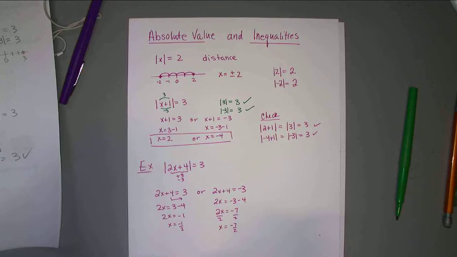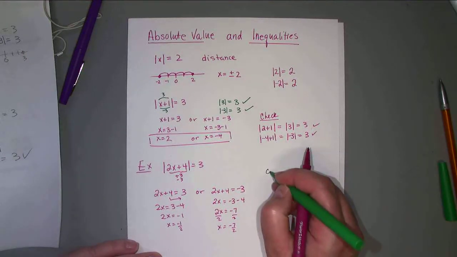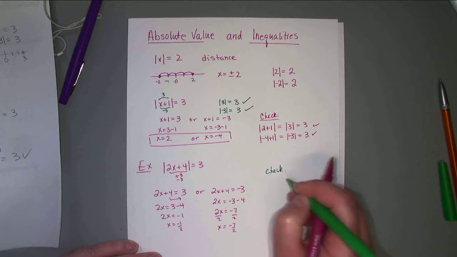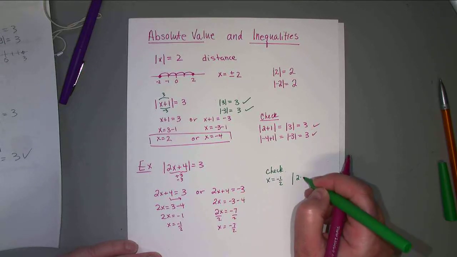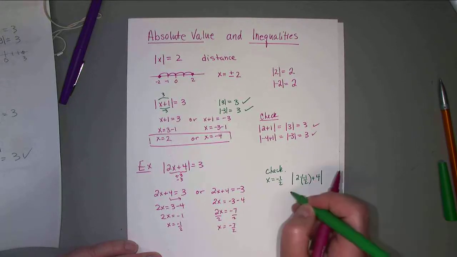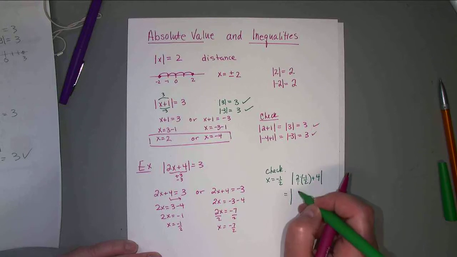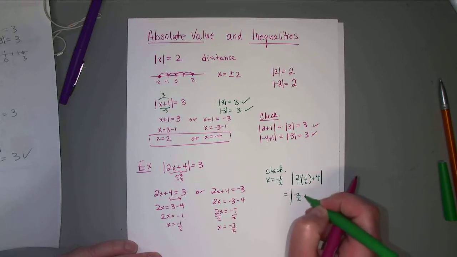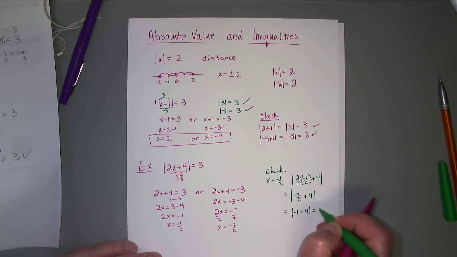With fractions, it's not always fun to check your answer, but we can check our answer by plugging the minus 1/2 in, and seeing if that's equal to 3. So 2 over 1, so this is negative 2 over 2, which is negative 1 plus 4, or 3.